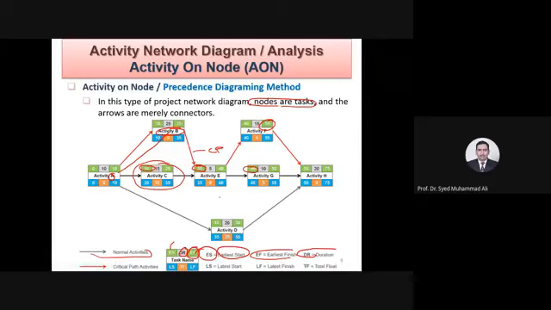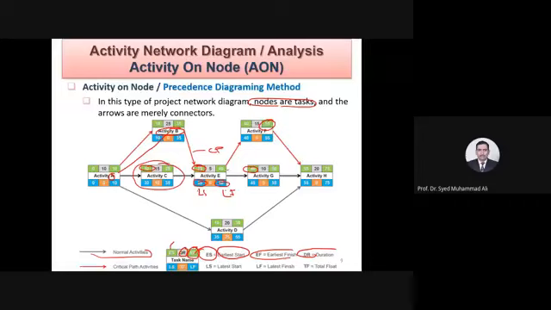Now, what are the bottom ones? This bottom one is the late start. You will get to it. What is a late start? Just hold on till I do the example. It will get clear. This one is the late finish. Late start, late finish. Early start, early finish.